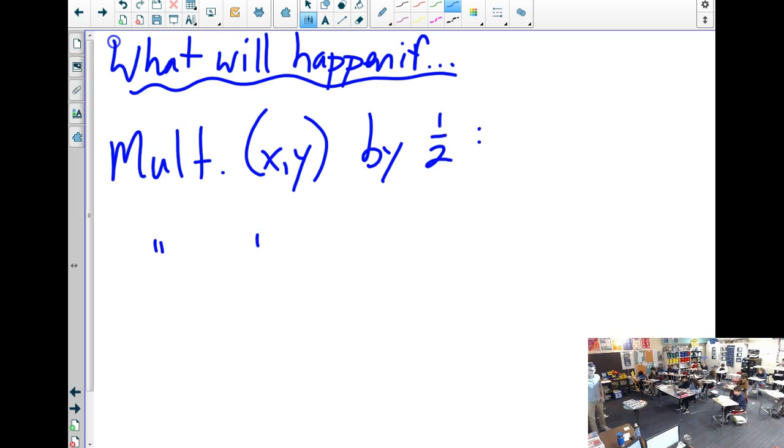Then ditto marks. Yeah, ditto marks. Make your life real easy. You don't have to rewrite multiply xy by. But then it changes. We do 1/2, 1, -1, and then -2. So make those predictions. Take a minute.